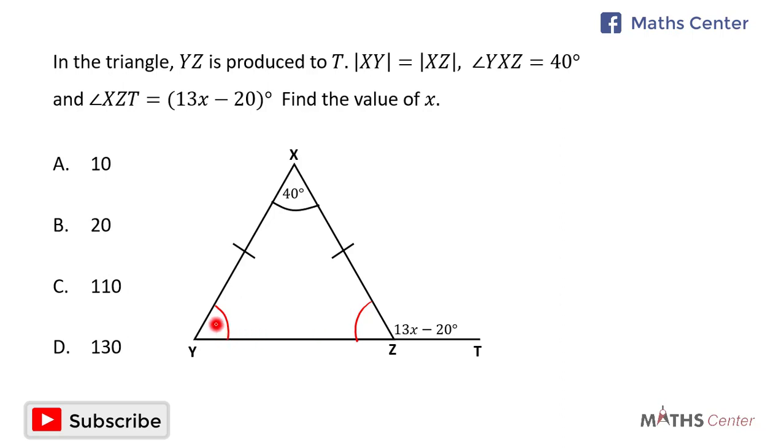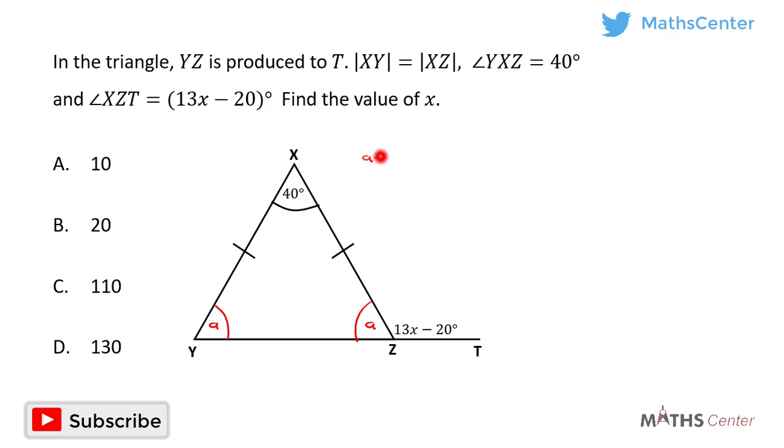If we call the angle here A, the angle here will also be A. The interior angles of the triangle XYZ are 40 degrees, A and A. We know that the sum of the angles in a triangle is 180 degrees. So for the triangle XYZ, if we add its interior angles, we should get 180 degrees.